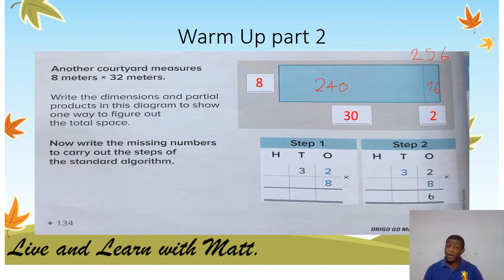We write 6, carry the 1 forward. Now 8 times 3 is 24, plus 1, 25. So we write 256, which is the same answer we arrive at the top using the partial products.